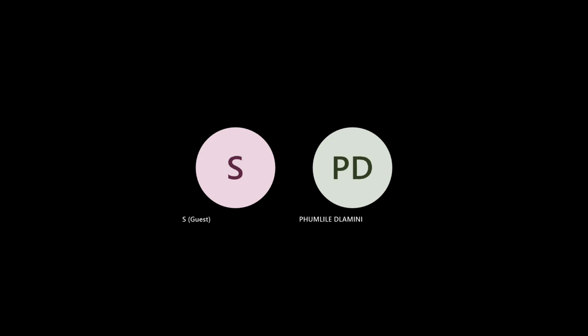So it can still be A, B, C, D, and E. But the difference between these two graphs is that the other one is going to have arrows.